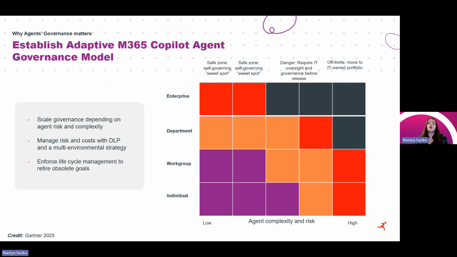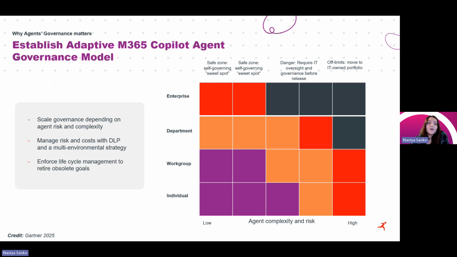You shouldn't be managing all these agents in the same way. What you should be doing instead is creating a multi-environment strategy, applying different policies to different environments or different tiers, as some organizations call them, and then putting the right agents in the right environment, making sure that they all are governed in the best way possible.